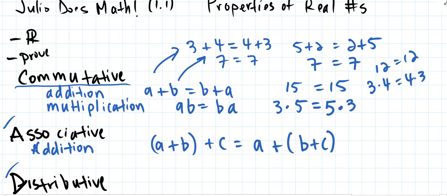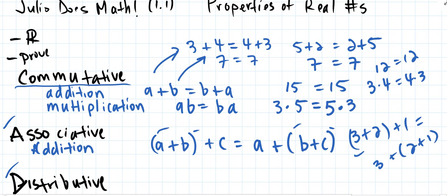So you see these parentheses shift, but it does not matter. 3 plus 2 plus 1 is the same either way. The parentheses may shift, but you have the same thing.